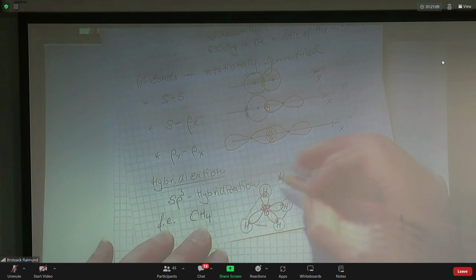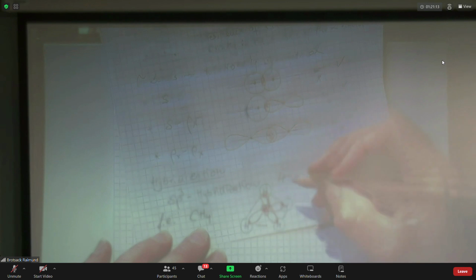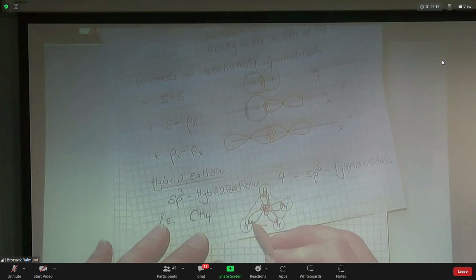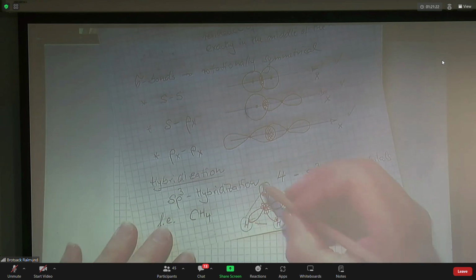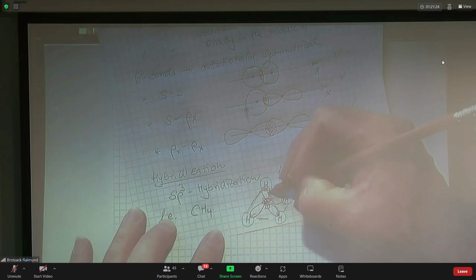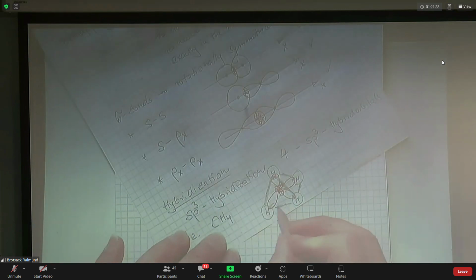Here, and here, and even here, we have this structure. If you can imagine, this is our tetrahedral structure.